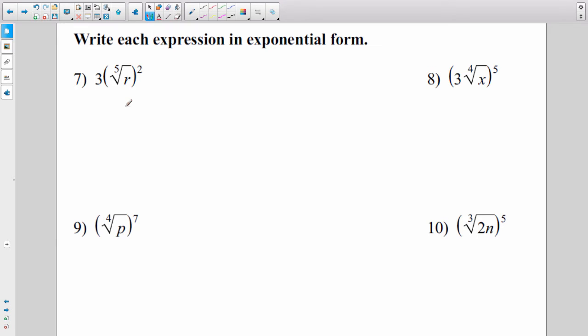This guy. Now, something to know, this is just the test generator that we use. Sometimes it uses a different syntax, or structure, I should say. This is the same as saying this: 3 times the 5th root of r squared inside. So if you see something outside the radical, it's the same as it being underneath.